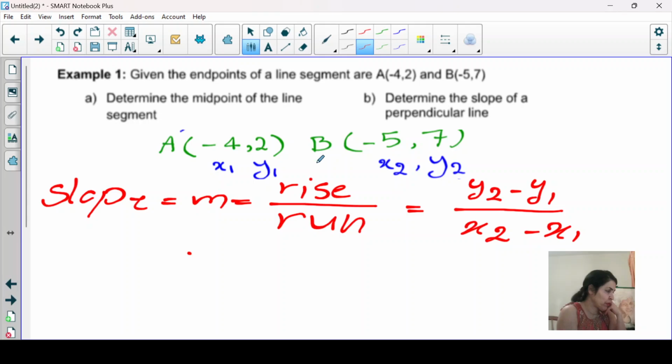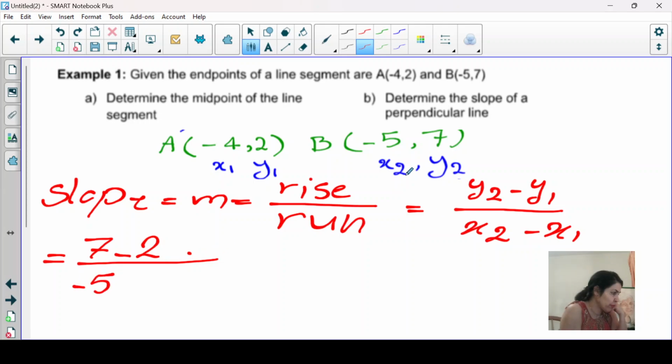We plug the numbers in. y2 is 7 minus 2, divided by x2 -5 minus (-4). Because we have two signs side by side, we have to use brackets.